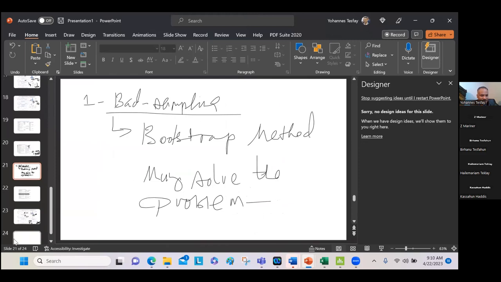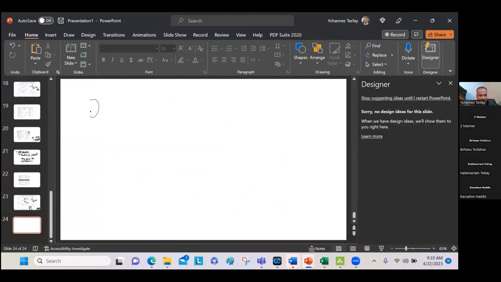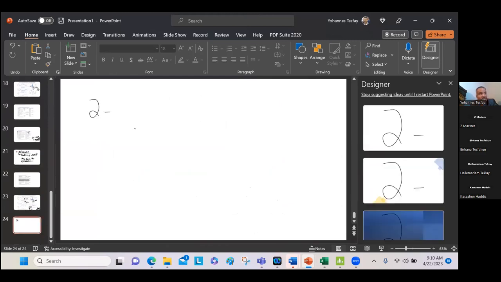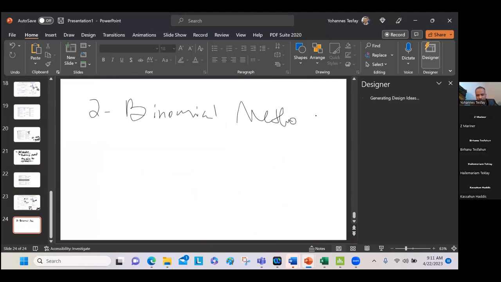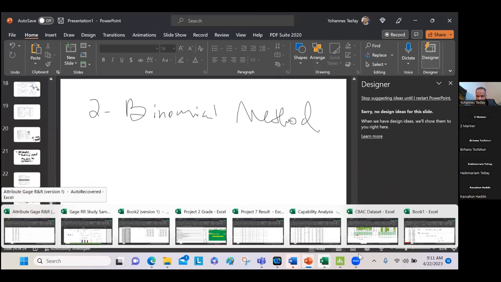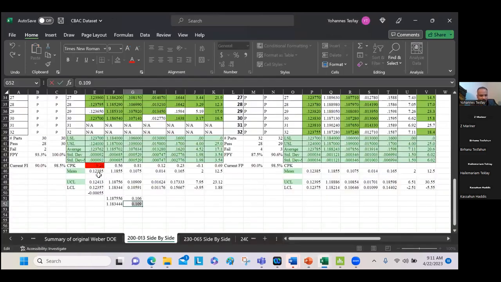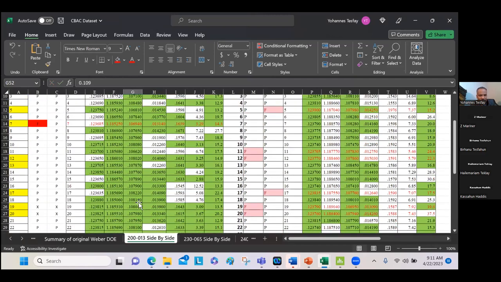The second technique you are going to just apply is binomial method. Binomial method. Okay, so ይሄ እንዴት ነው የሚሰራው? ይሄንን ደግሞ እንዴት እንደሚሰራ ላሳያችሁ። አሁን you're here, so we were discussing for this one.